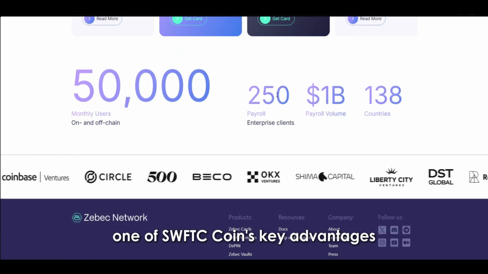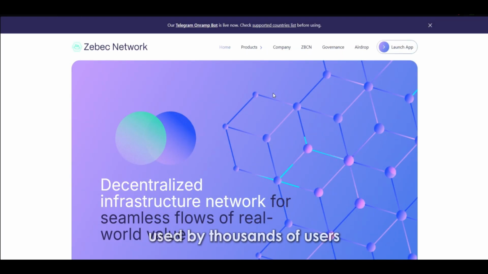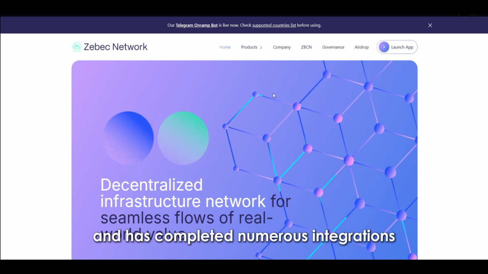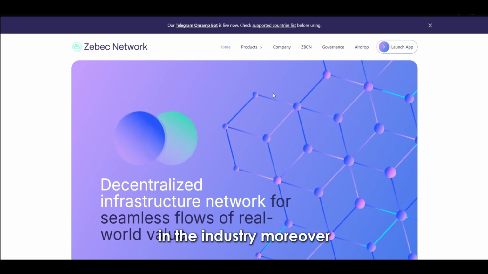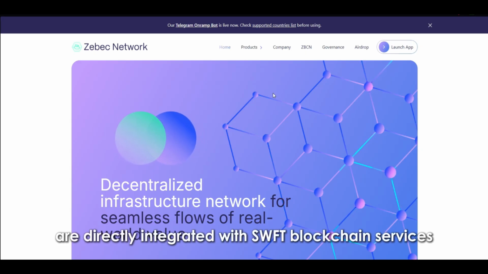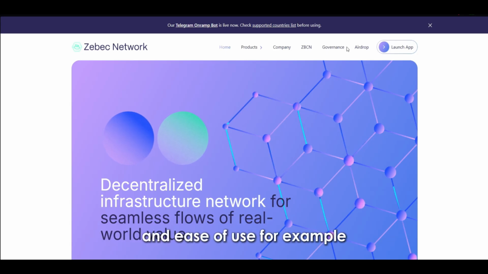One of SwftC coin's key advantages is that it is already actively used by thousands of users. Its development team is quite experienced and has completed numerous integrations in the industry. Moreover, many wallets, exchanges, and crypto applications are directly integrated with SWFT blockchain services. This provides SwftC with significant accessibility and ease of use.